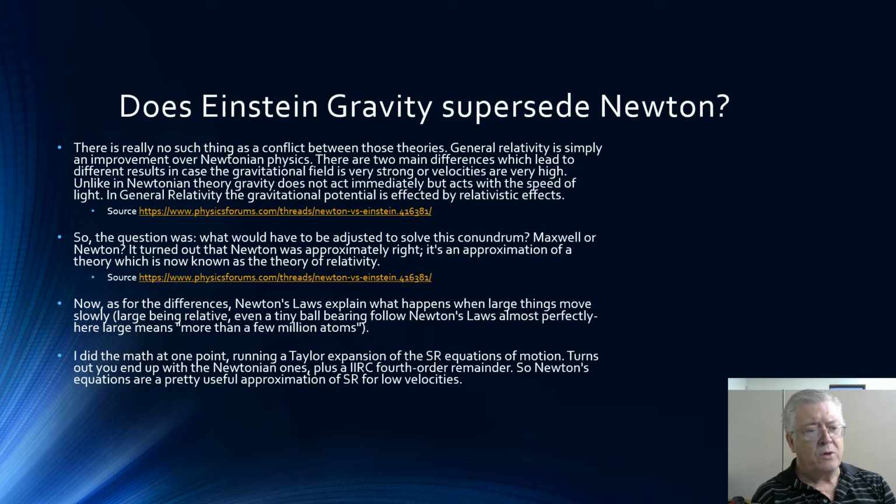Here's another quote. Now, as for the differences, Newton's laws explain what happens when large things move slowly. And this is all relative. When you're talking slowly, you're still talking about what seems large to us.